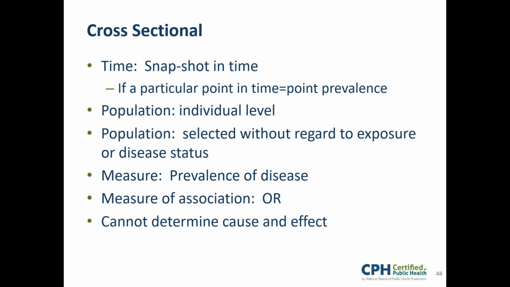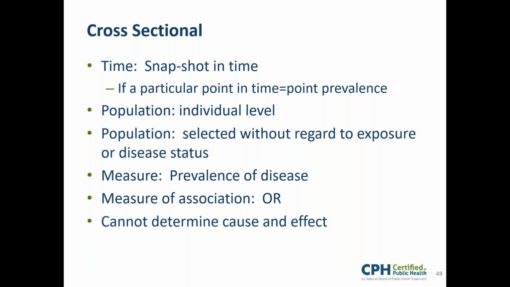For a cross-sectional study, this is considered a snapshot in time. If it's a particular point in time, then we'd be looking at point prevalence of a particular health condition or outcome. With the cross-sectional study, typically we are looking at information on an individual level. For instance, a cross-sectional study could be a survey. Maybe you're doing a survey at the mall, and you're handing out these surveys to individuals who are walking through the mall. The population is selected without regard to exposure or disease status.